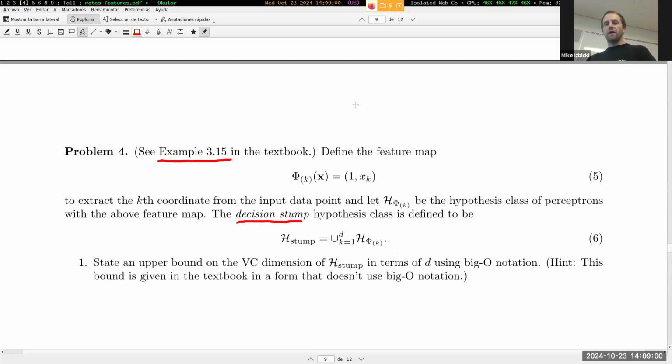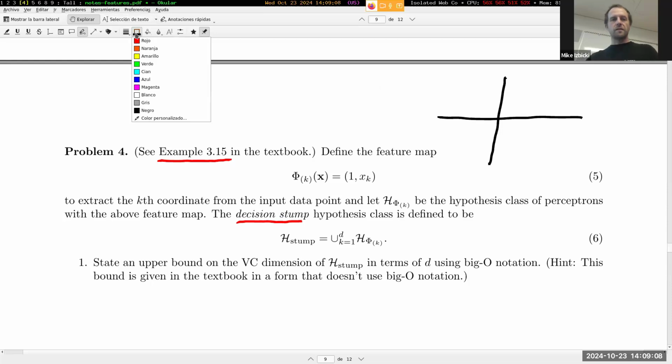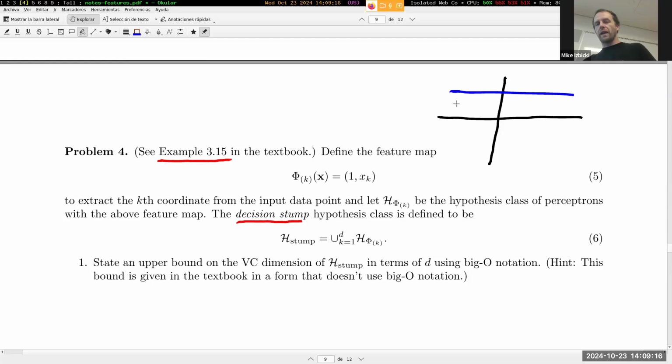So if we have a 2-dimensional problem like this, phi sub 1 would look like this: we only care about one dimension right here, and we select one particular linear decision boundary on that first dimension.